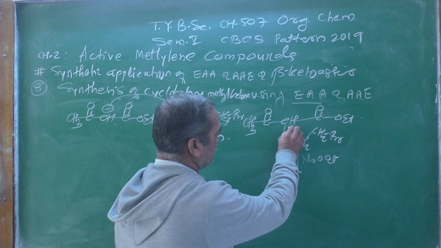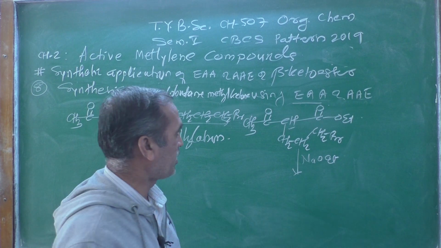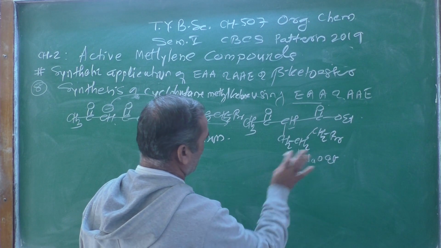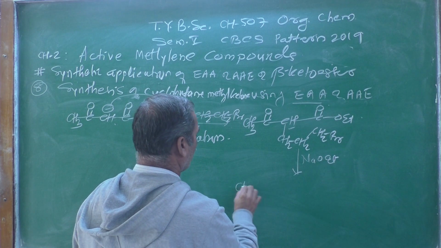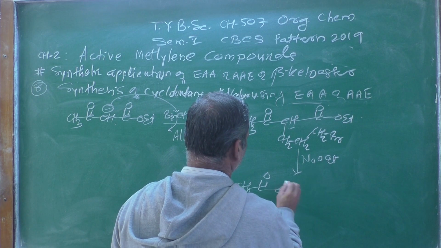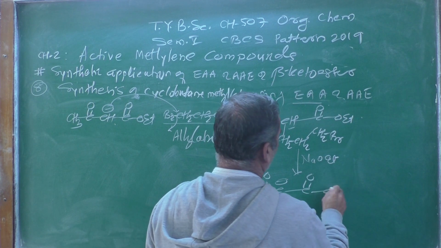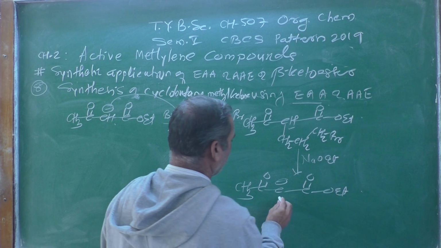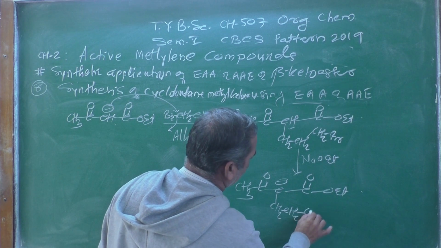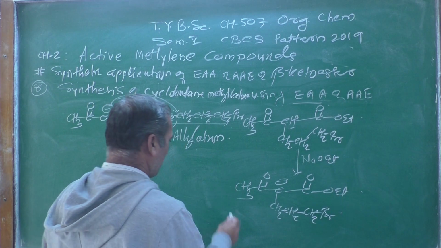Still there is one methylene proton which is highly acidic in nature. So this base will pick up that proton, not the other one, and therefore you will get here CH3, C double bond O, C minus, then C double bond O, OEt, and here CH2, CH2 and Br, like this.